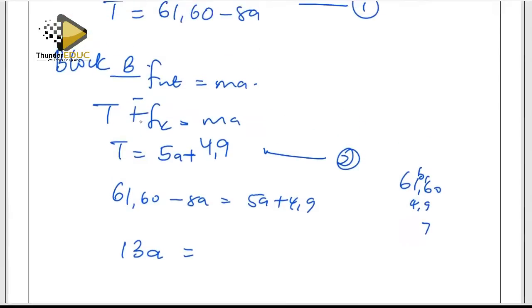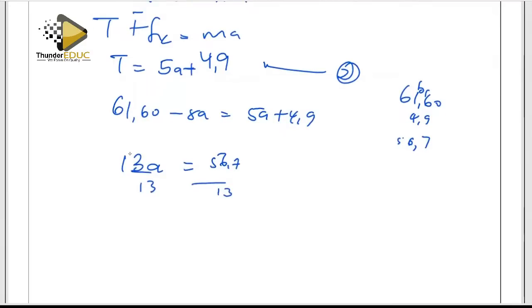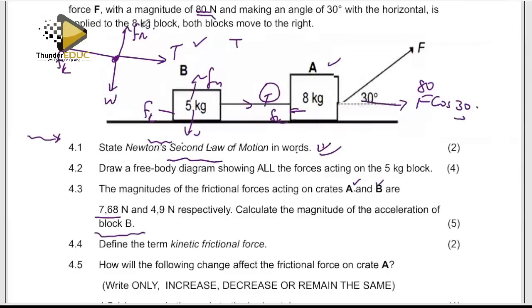So that is going to be 0, 1. That's going to be 6. So it's a 56,7. Divide both sides by 13, meaning that our acceleration is going to be 4,36 meters per second squared. So that becomes the acceleration of the system, but also the acceleration of each body.